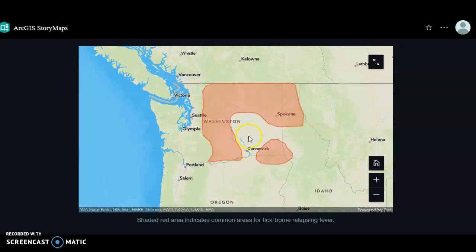Down here, Kennewick area, Yakima, this is the Columbia River Basin. This is very low elevation, and there's not a whole lot of coniferous forest. And then down here in the southwest corner of Washington is the Blue Mountain areas where there is a large amount of coniferous forest. So we should definitely expect these ticks in those areas. One of the ways to prevent these is not being around rodents. We'll talk a little bit about that in a second.